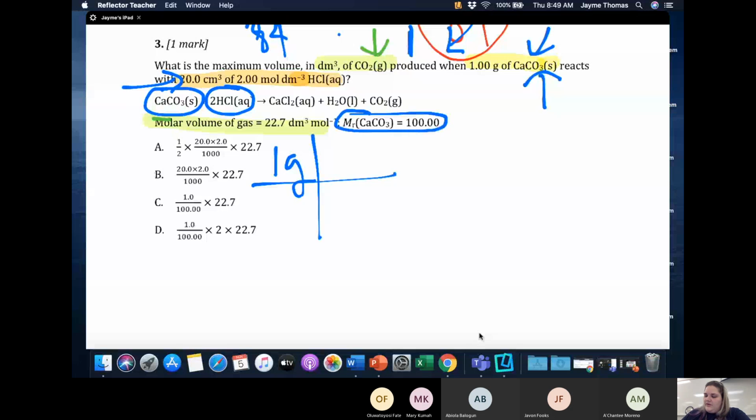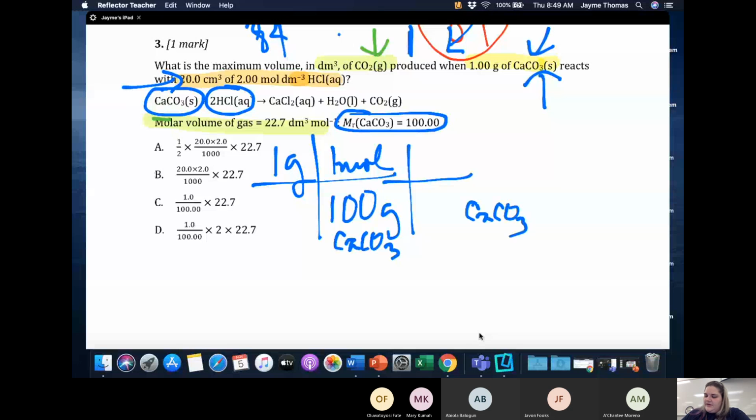So 100 would go down here, 1 mole on top. And then after that, I would need my mole ratio. Now on this one, this is all for CaCO3, right? So I need the moles of CaCO3 down here. And if I look, does it have a coefficient right up here?